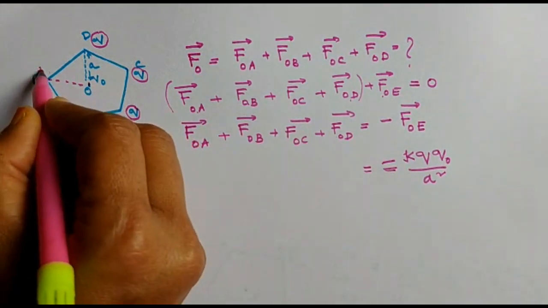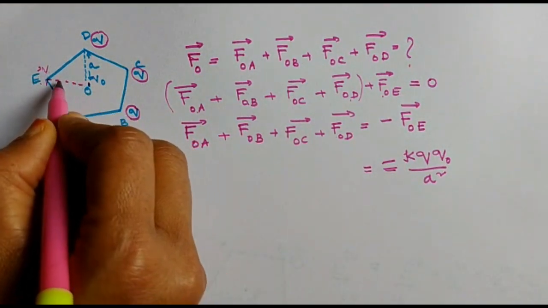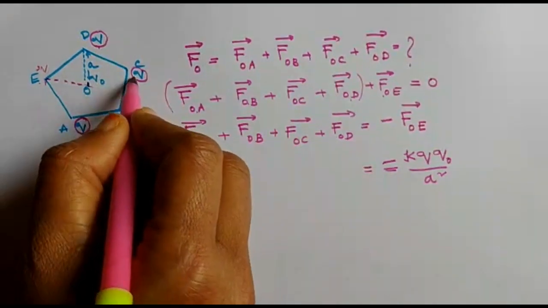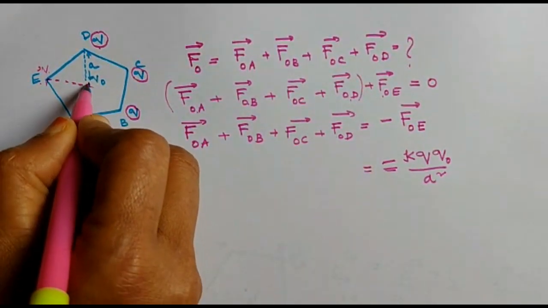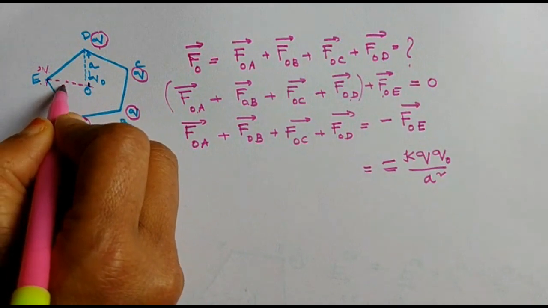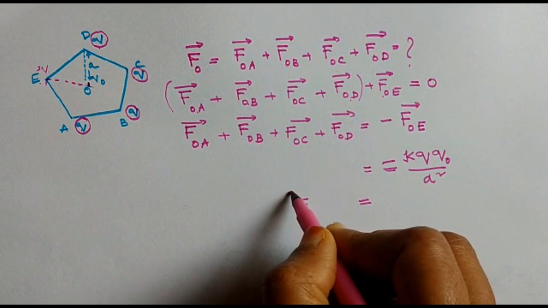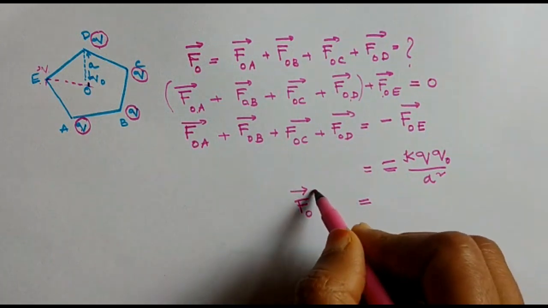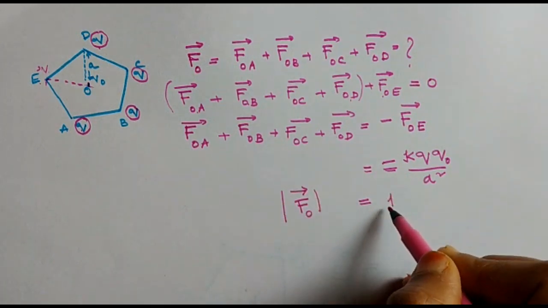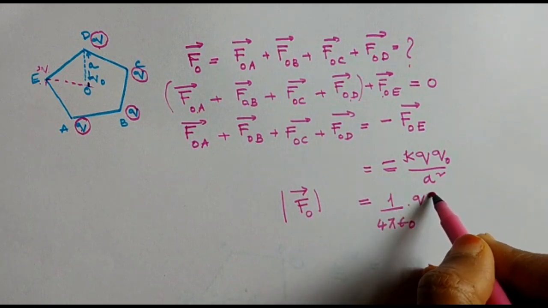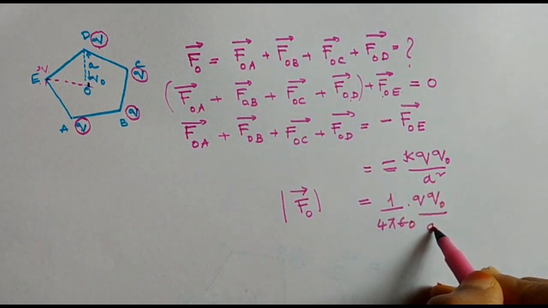If there was a charge Q present here, there would have been a force of repulsion, but the net force of these 4 charges will be in the direction opposite to it. So this would be your answer. The magnitude of net force acting on the center, only magnitude I am writing, would be 1 by 4 pi epsilon naught Q Q0 divided by A square.